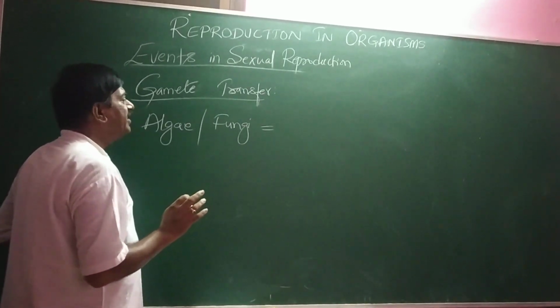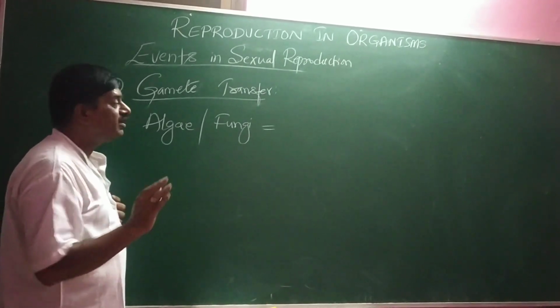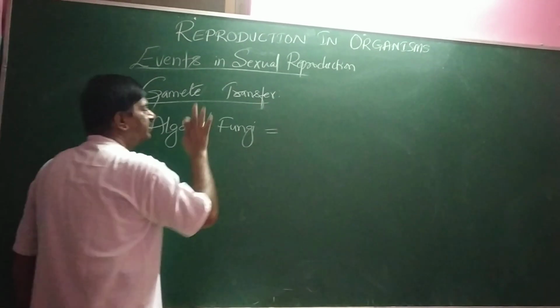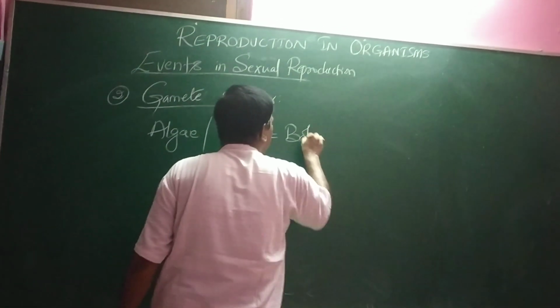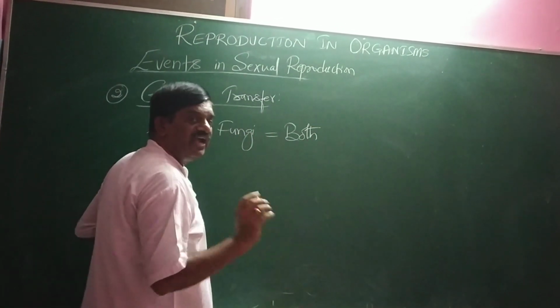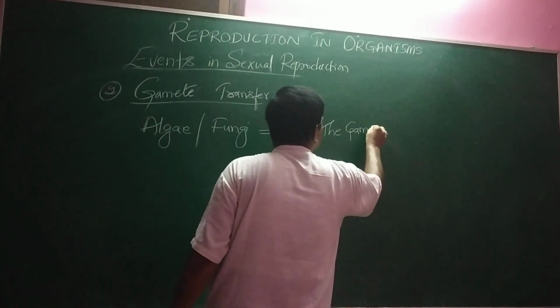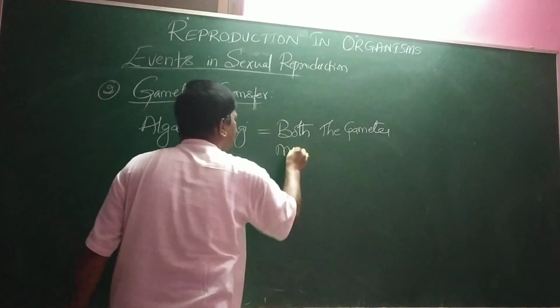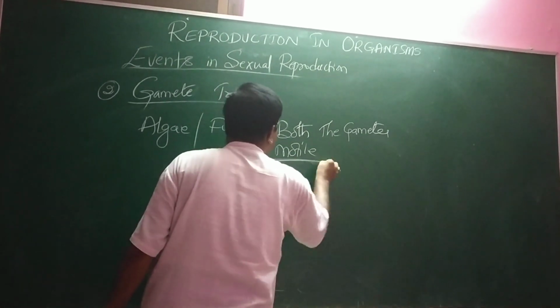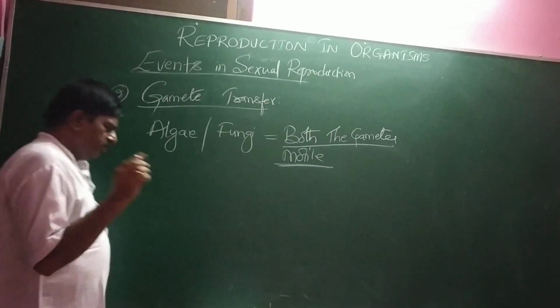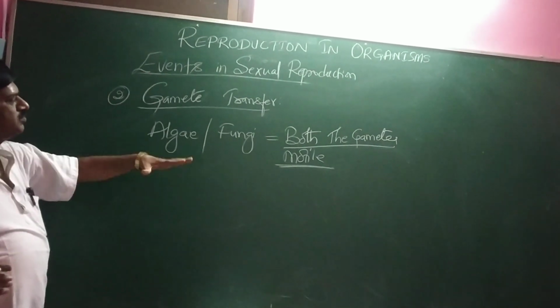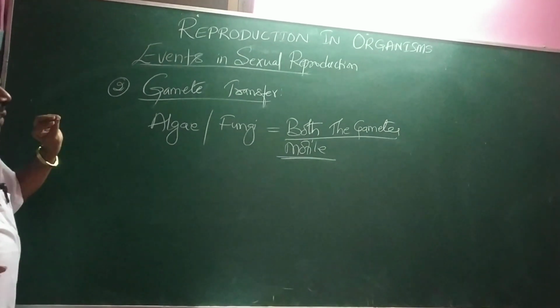The meaning of isogametic is that the gametes are similar. Both the male gamete as well as the female gamete are motile. They can move. So here the male gamete moves, and the female gamete also moves.